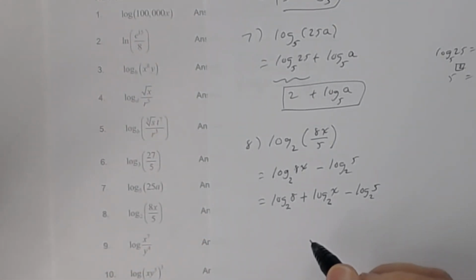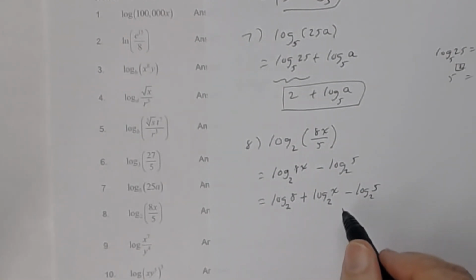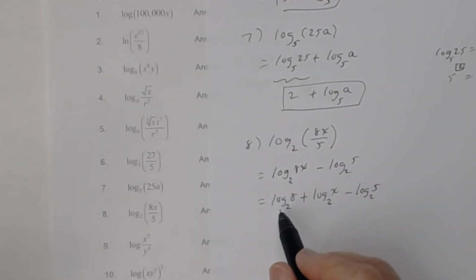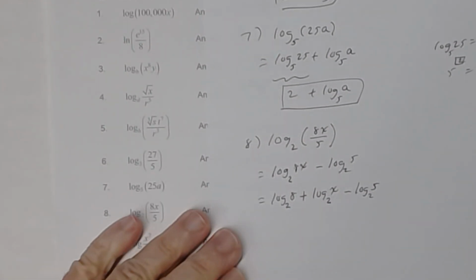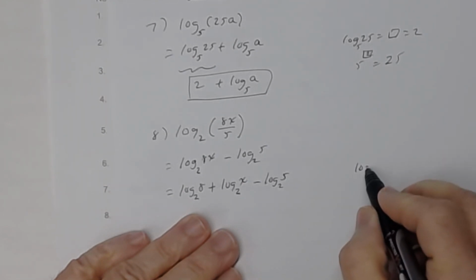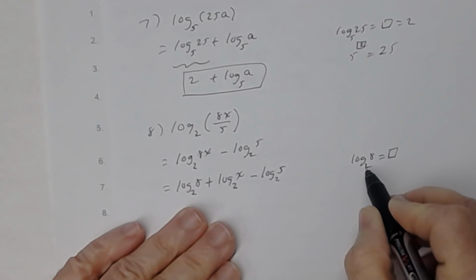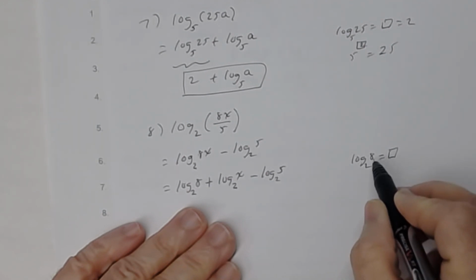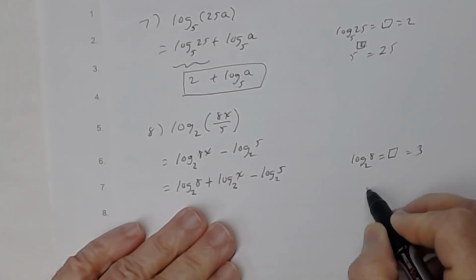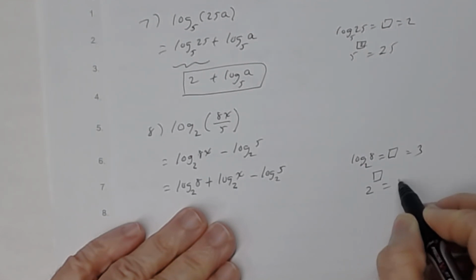And then you got to ask yourself, can I simplify anything? Can I evaluate any of these terms right here? Hopefully you saw that you can simplify the log of 8 base 2. So let's think about that. Hopefully you recognize that 2 to the third power is 8, right? So that should be 3. So remember, 2 to what power is 8?